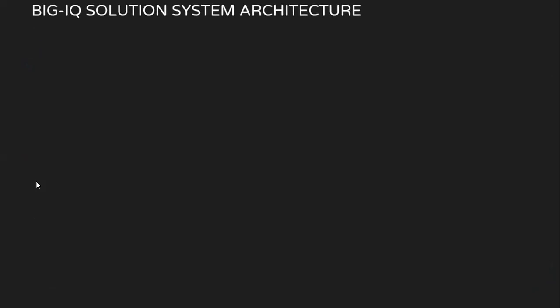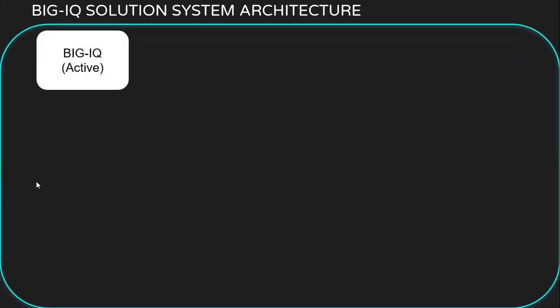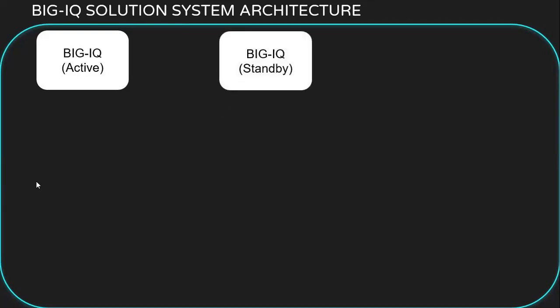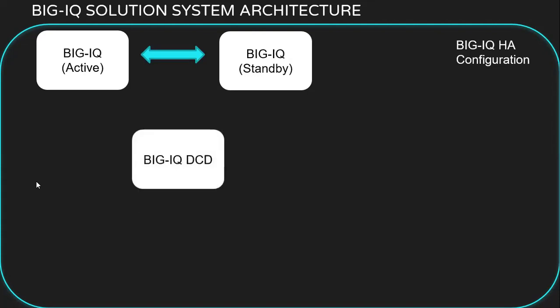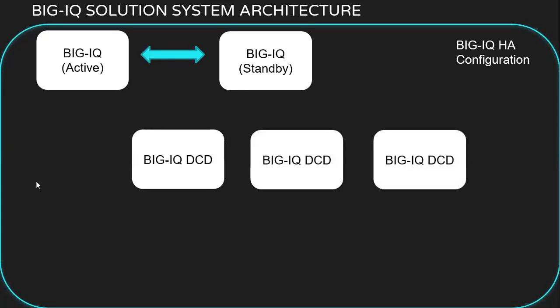Let's look at the complete solution architecture in terms of BigIQ. So first we have the BigIQ CM itself. If you're trying to deploy this in an active standby pair, it will be considered a BigIQ HA configuration. Then we'll have BigIQ DCD. You can have multiple DCDs in your environment based on the number of devices from where you are trying to collect the statistics.